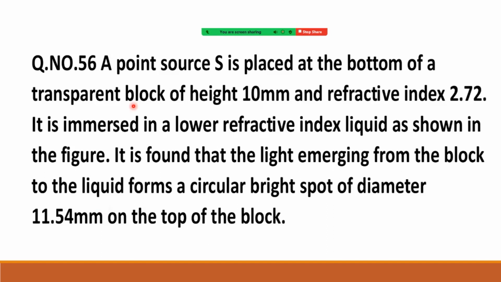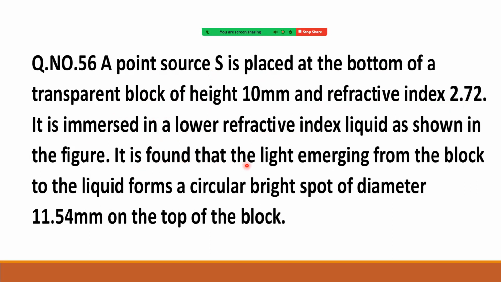Right. See the next one. A point source S is placed at the bottom of a transparent block of height 10 mm and refractive index 2.7. It is immersed in a lower refractive index liquid as shown in the figure.